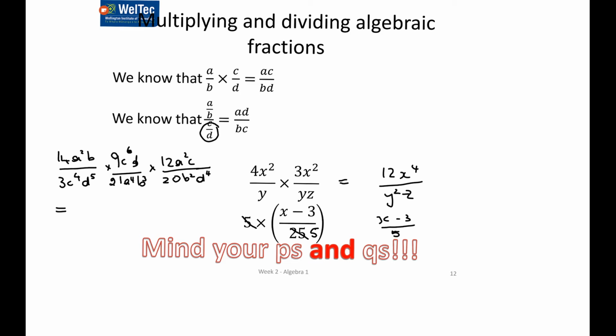It's going to be 14 times 9 times 12. And then there's going to be 4 A's. And there's going to be 1 B. And there's going to be 1 C. And there's going to be 1 D. And on the bottom line, we're going to have 3 times 21 times 20.